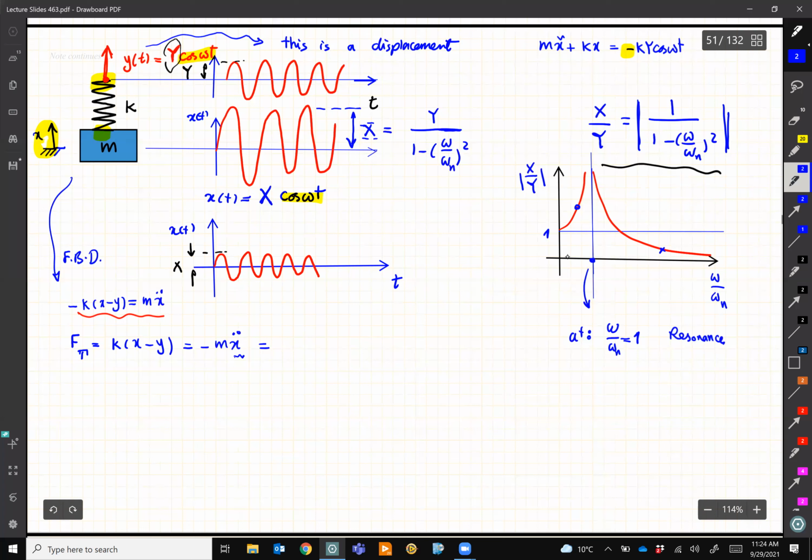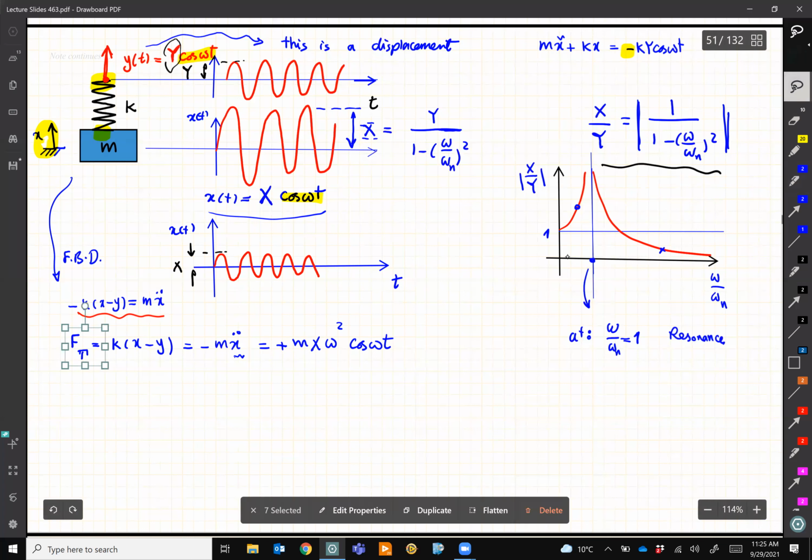We replace x double dot by these things, and we ended up with m x omega squared cosine omega t. And we get rid of that negative sign because we take the derivative twice. We already have a negative, so it's going to be that. So that was a part probably some of you got confused about. And it was maybe my fault.